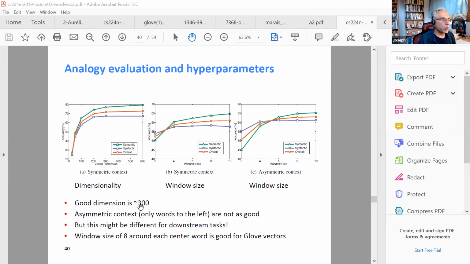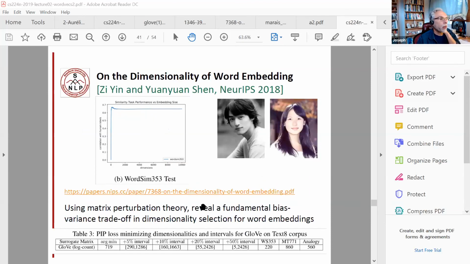They found empirically that a good dimension for an embedding space is about 300, and a good window size for this GloVe model is about 8. So that answers the question of how they get these things. They don't just pull them out of a hat. They actually do simulations, and they determine them empirically.